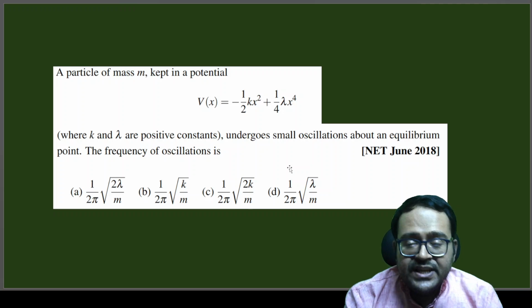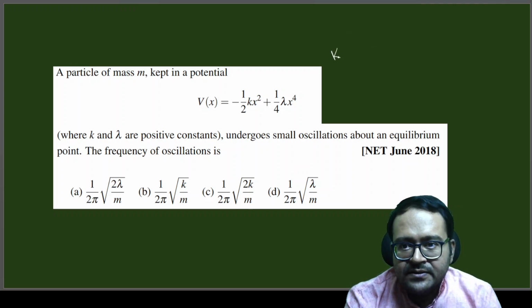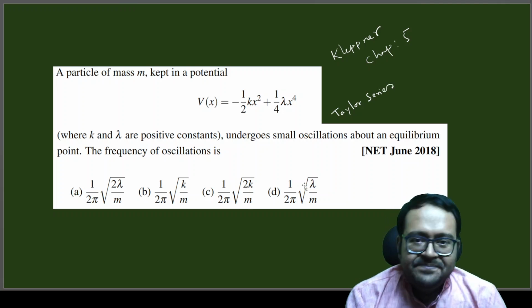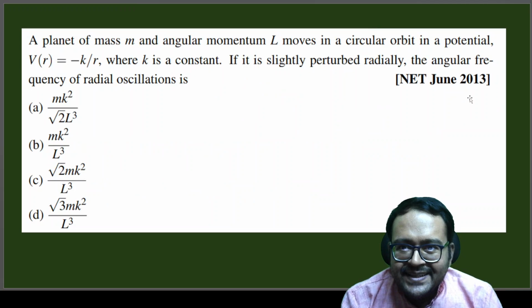You need to do a Taylor series. Find the theory in Kleppner, chapter 5, I guess. You need to do a Taylor series here. This type of problem also comes.